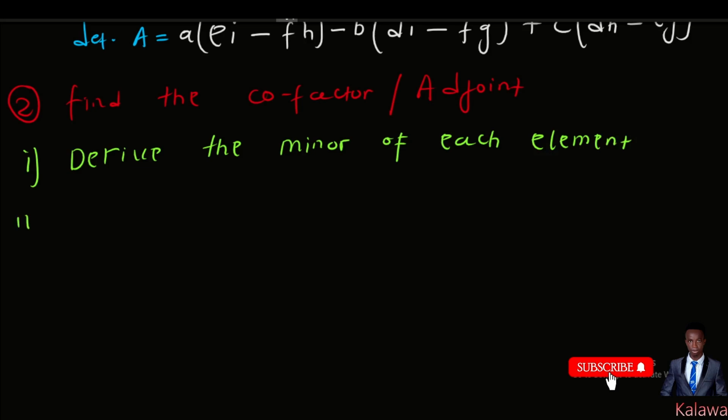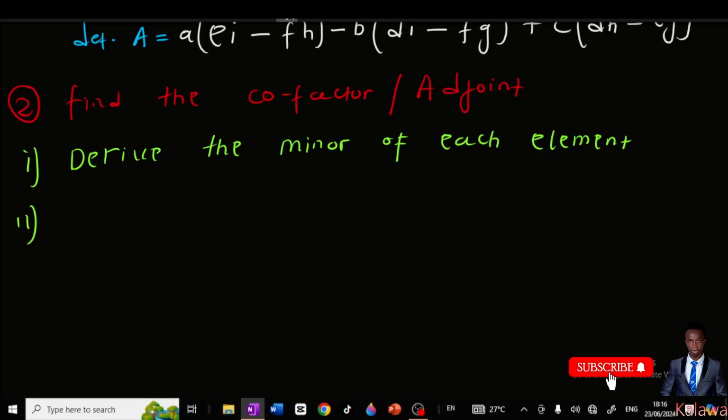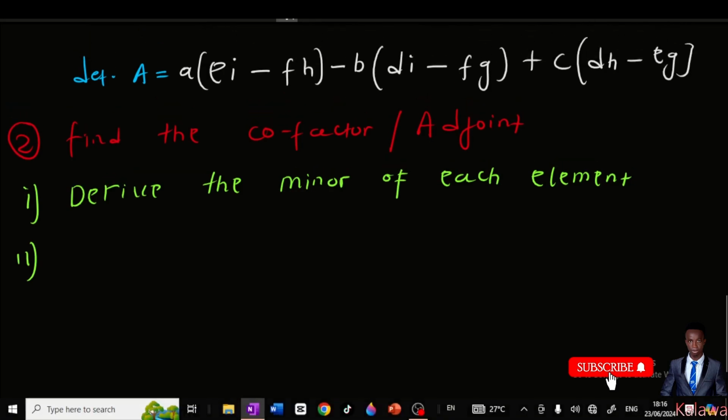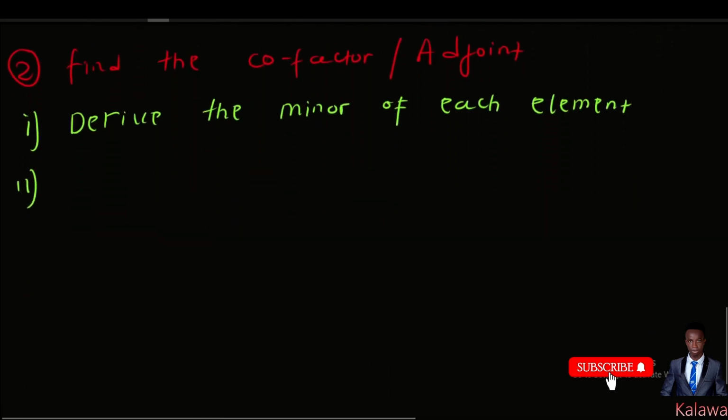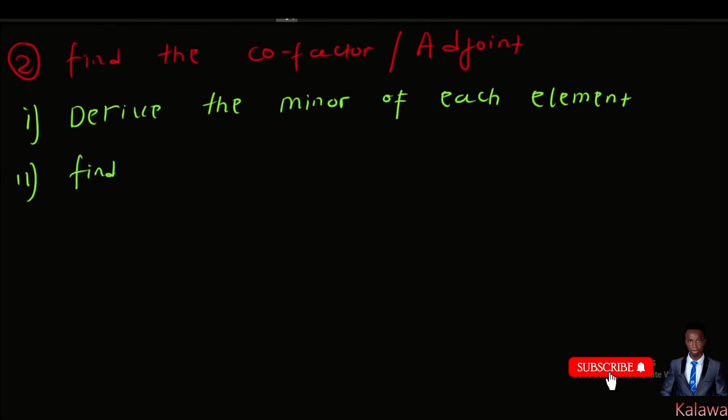And the second step is we find the determinant of each derived minor.